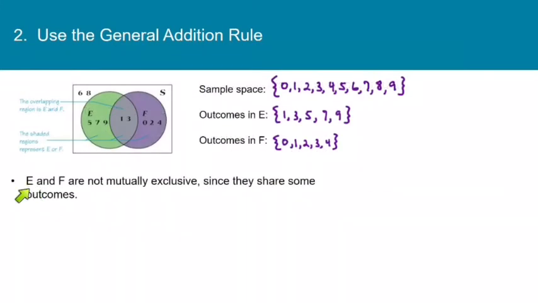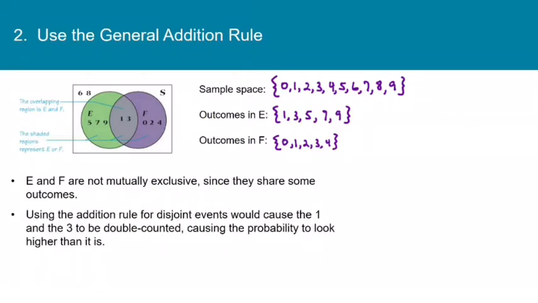Okay, so again, E and F are not mutually exclusive because they do share some outcomes. So if we needed to calculate the probability of E or F and we tried to use our addition rule for disjoint events, we would see that the probability would come out a little too high because the 1 and the 3 are in both groups and therefore they would be double counted.